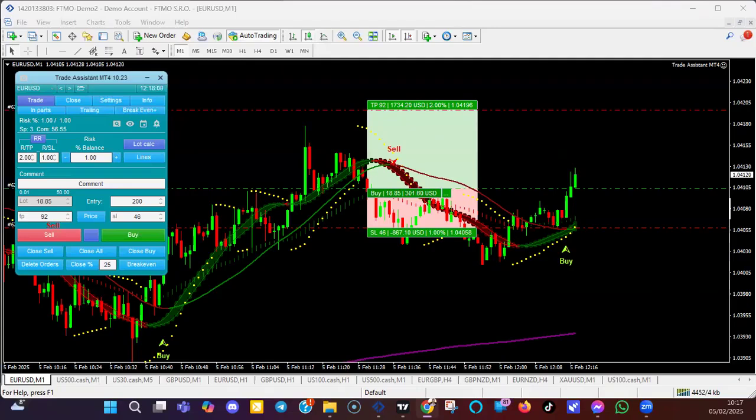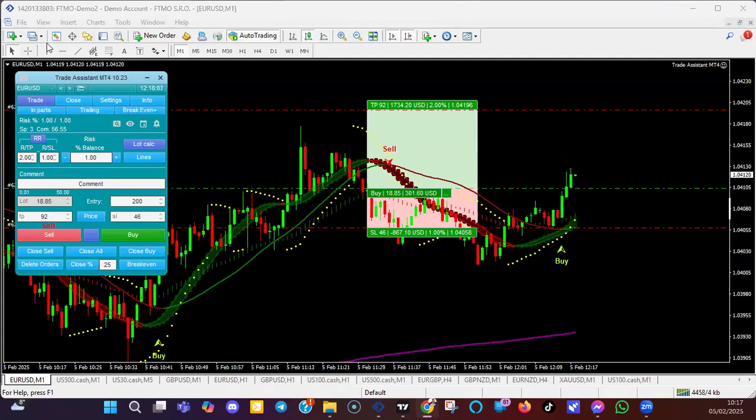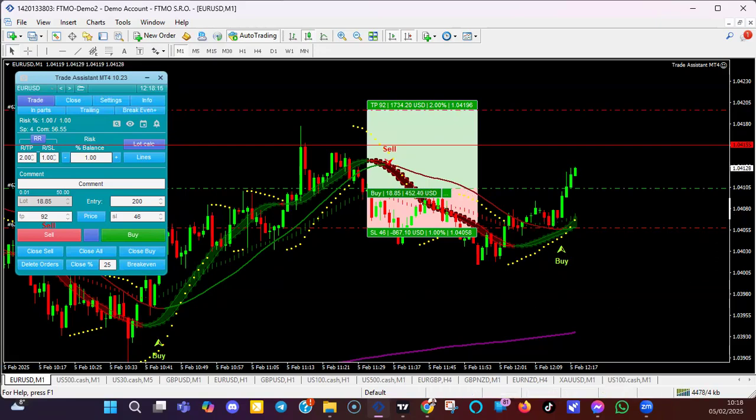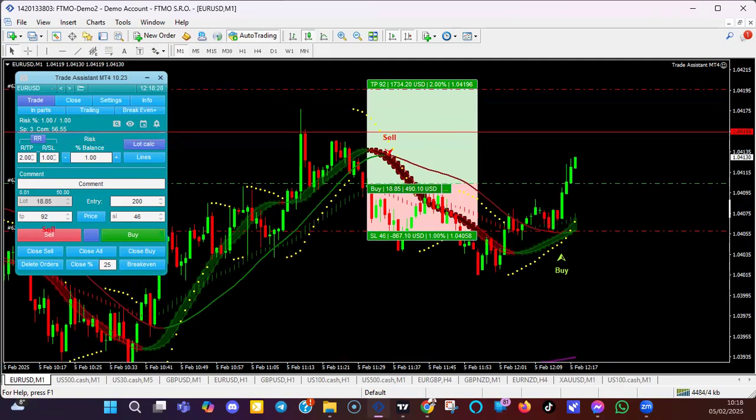But I'll be waiting for price to get to this area here to protect equity, and then I will be putting my stop loss to my entry, being cautious, and then you've got a risk-free trade for the rest of it, and that will be a good thing to do for me.